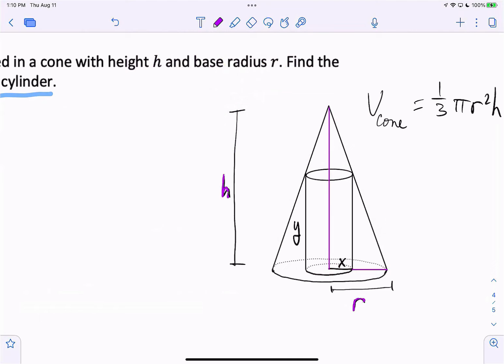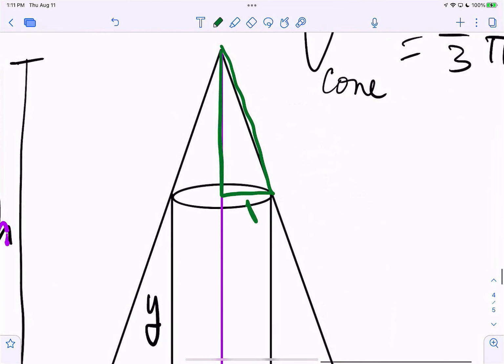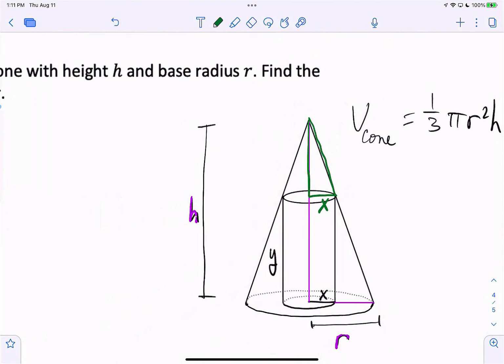It would be great if I had a smaller triangle and then be able to use similar triangles. And as it turns out, I can make a smaller triangle up at the top of the cone. Now for that smaller triangle, the base length is x. This vertical length, though, is clearly not y.